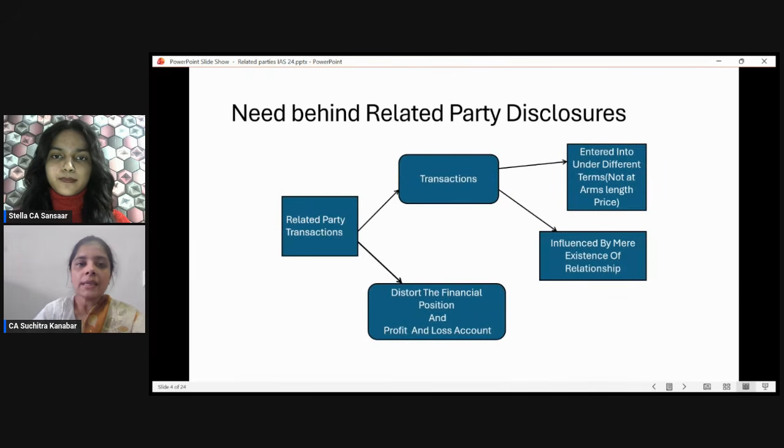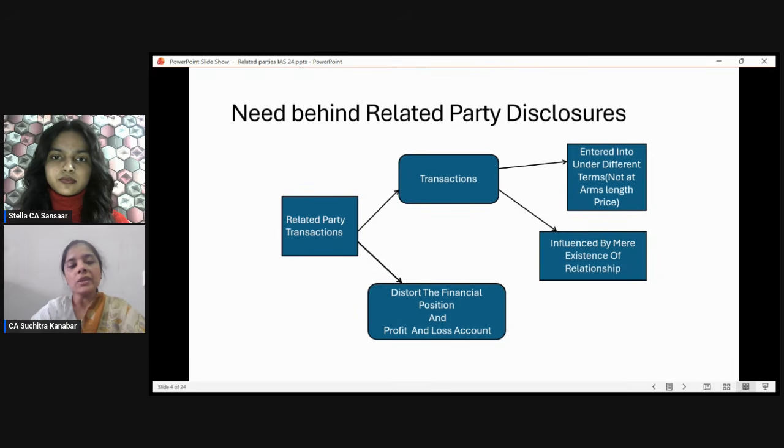Now, let's see this diagram. Here, first of all, what we are seeing is a related party transaction. What is it all about? It is the transfer of resources or obligations between the reporting entity and the other entity. Who is the reporting entity? The person who is preparing the financial statements. And who is the other entity?